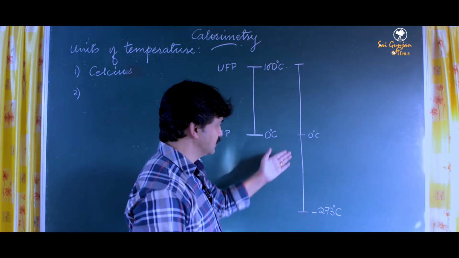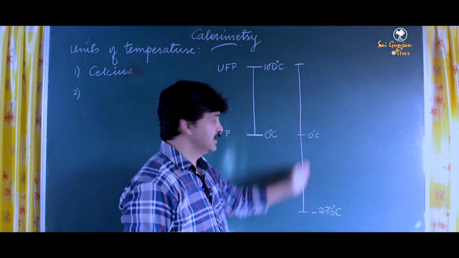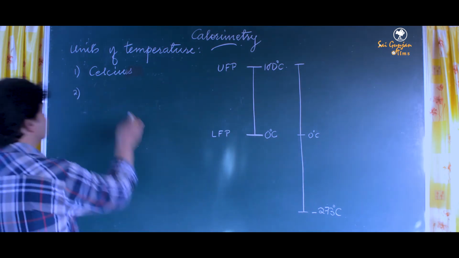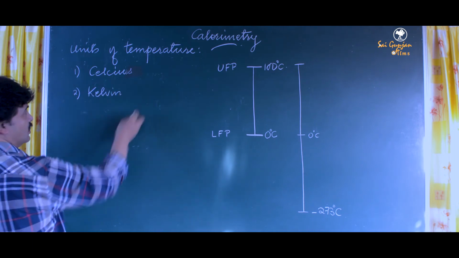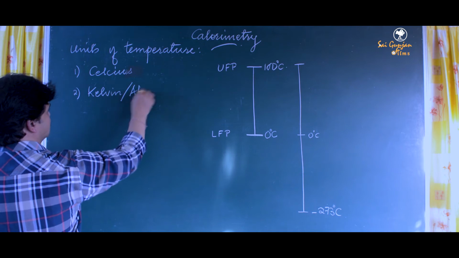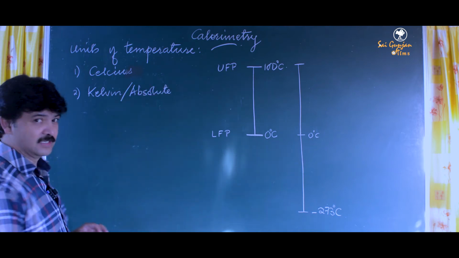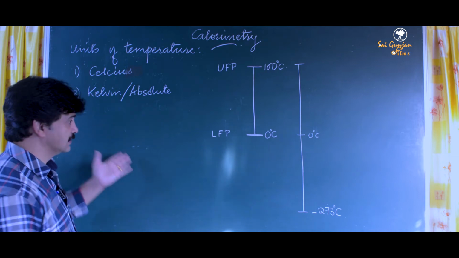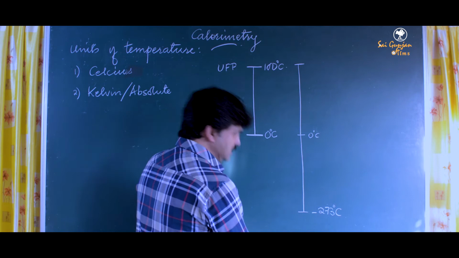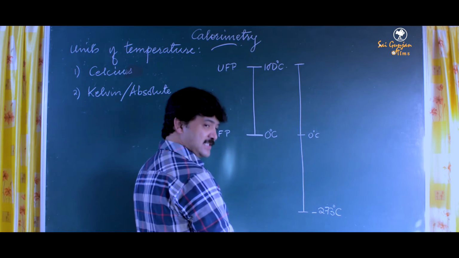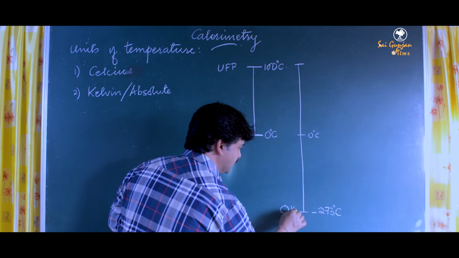This scale of temperature is known as the Kelvin or absolute or Kelvin scale of temperature. And this minus 273 degree Celsius is taken to be 0 Kelvin.